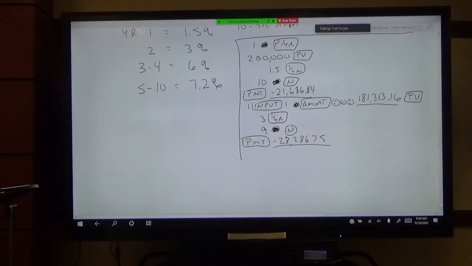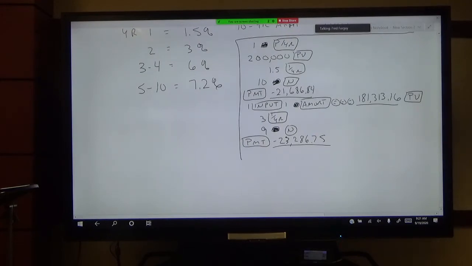Once again, write this in your notes. Every time the interest rate changes, pretend it is a brand new loan with a new interest rate and a new term and ultimately a new payment.